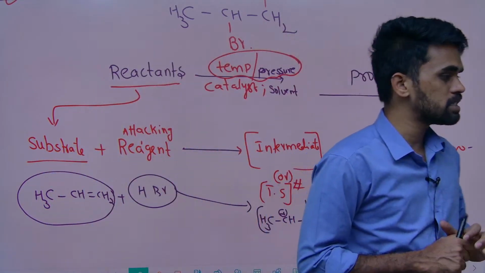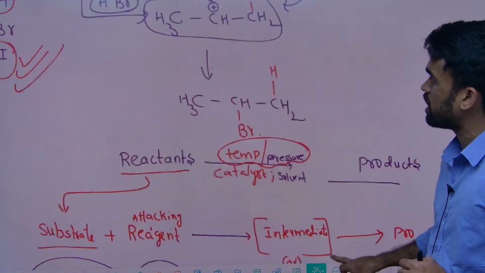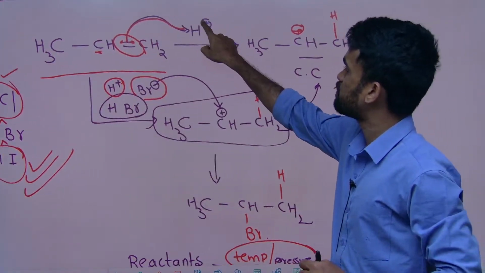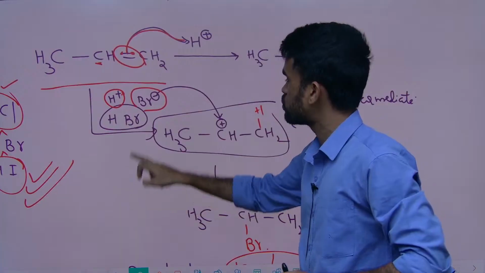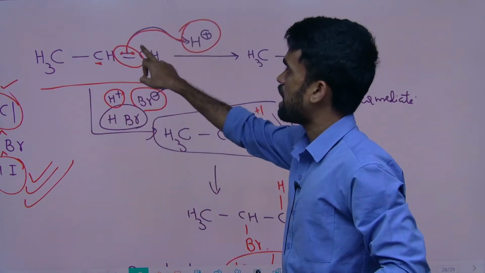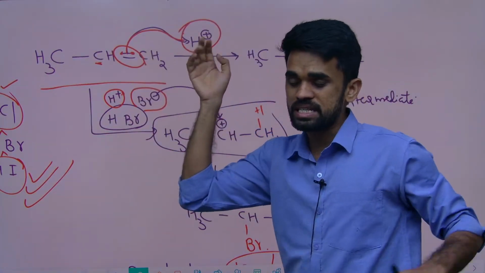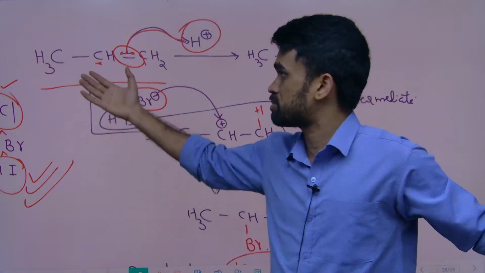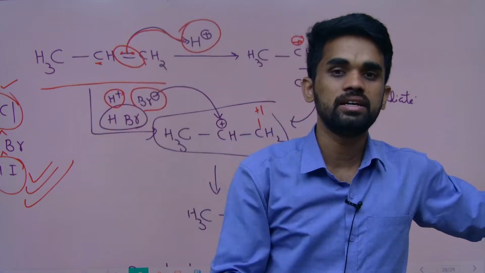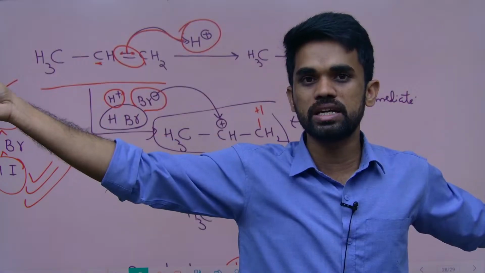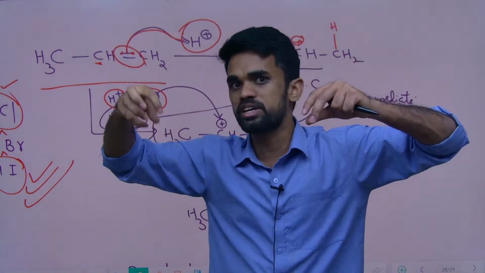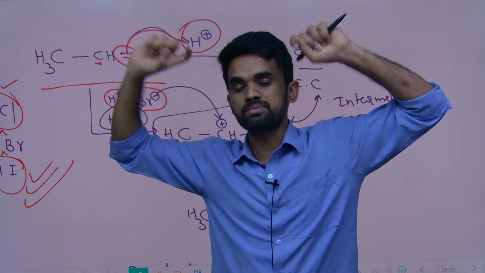So now what type of reaction is this? First we added an H plus ion. So H plus is an electrophile. So the electrophile is adding onto the molecule. See, we have removed nothing from the substrate. To the substrate we just added, but in the previous case, the substitution case, we added one thing and removed the other thing. So that is called substitution.